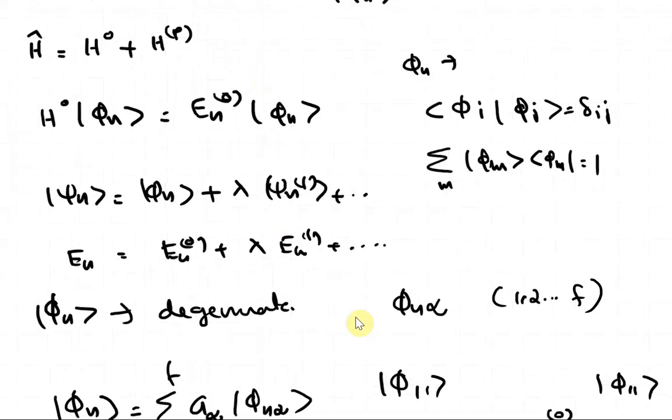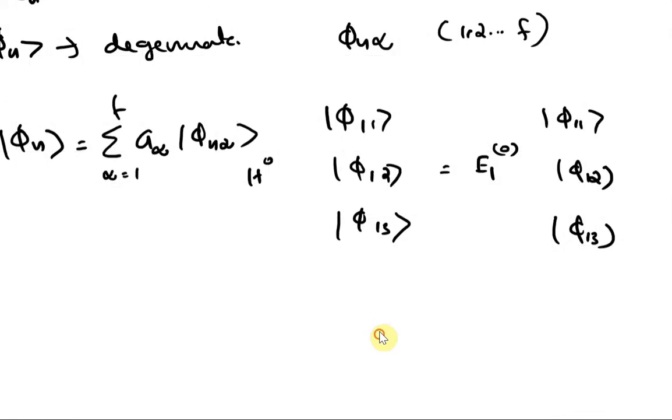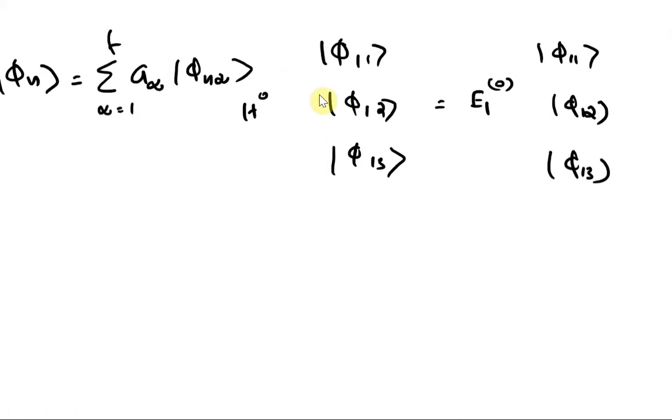To calculate the first order correction, you don't put the h naught here, you put h prime or hp, which includes that lambda. hp is going to act on these old states to find the correction. So hp is going to act on phi 11, phi 12, phi 13, and so on.